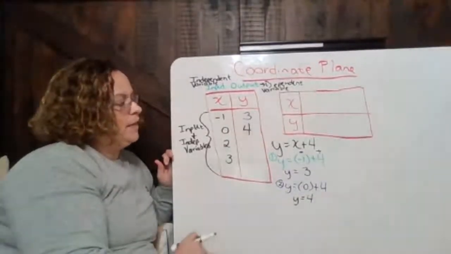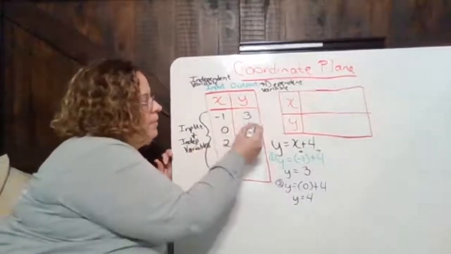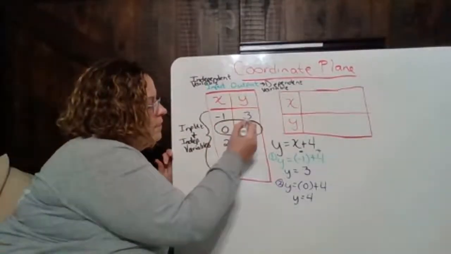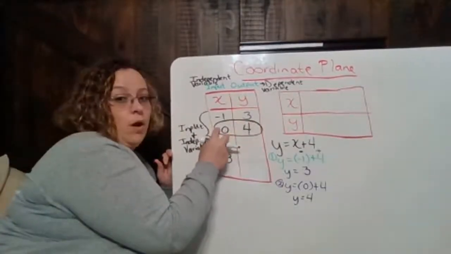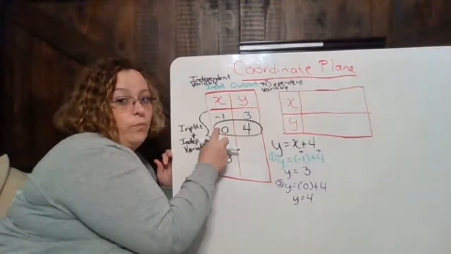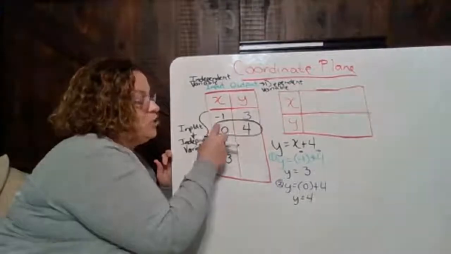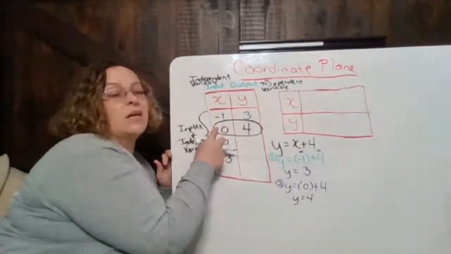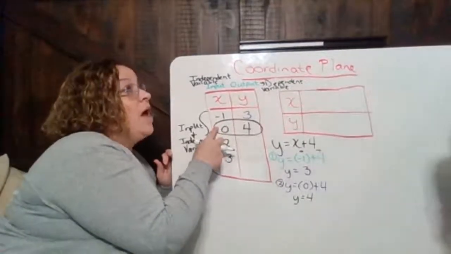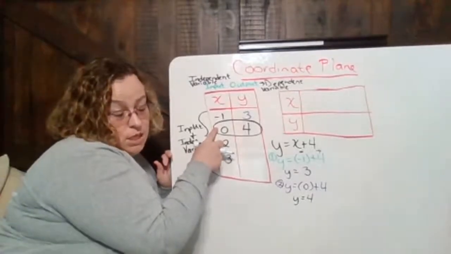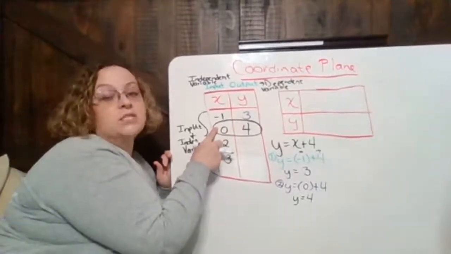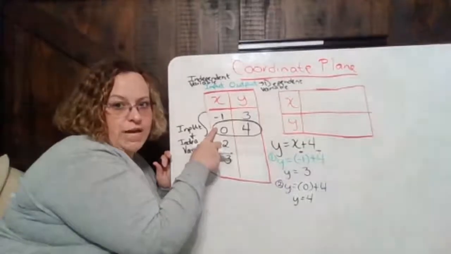That's my dependent. Now, let me talk about something real quick right here. When x is 0, remember this is your y-intercept. This is going to come into play and be very important when we start talking about lines and equations of lines and graphing lines and all that good jazz, okay?